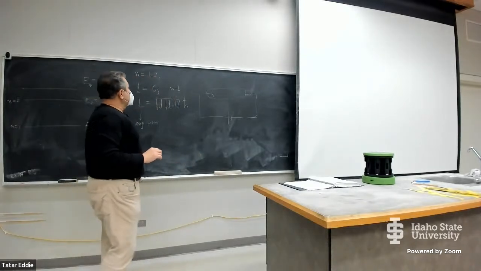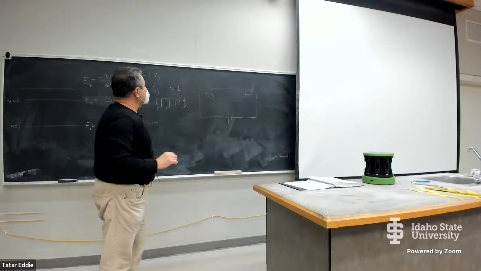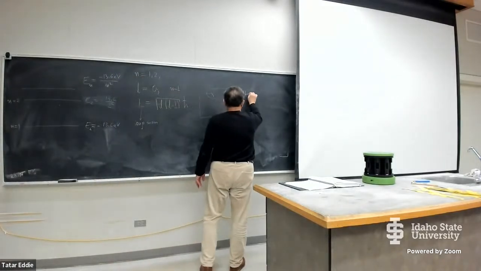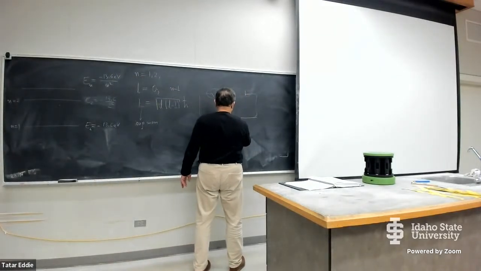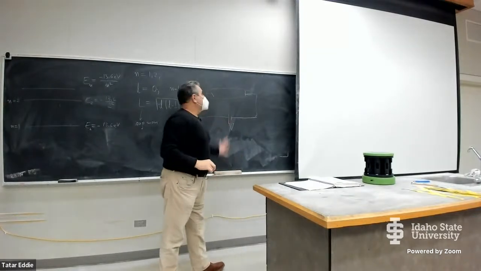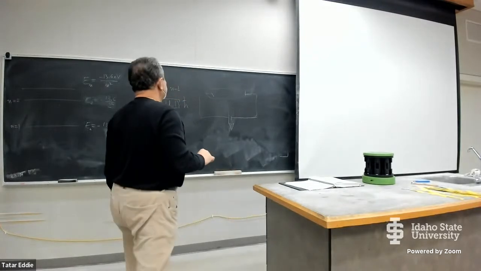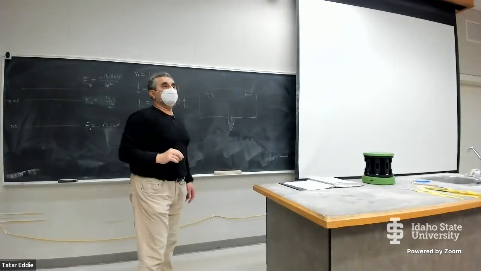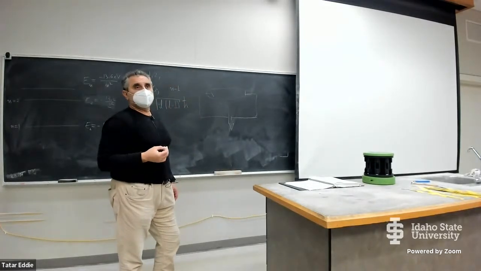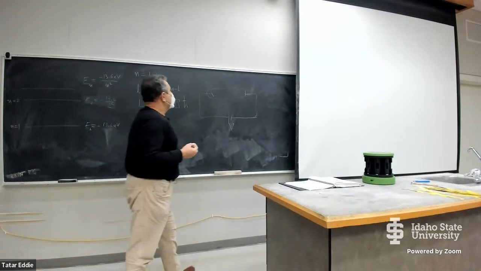So what do you do in order to produce X-rays is something quite simple. You apply high voltage between the two electrodes, and the result is something quite simple and easy actually to understand.